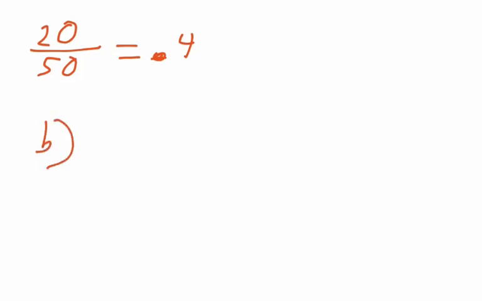B, if we choose a student at random, what is the probability he's a male if we know that the student prefers sports? Well, there are 16 people who prefer sports, and that's what we know. And then we have 10 males out of those 16. So we got 10 divided by 16 is 0.625.